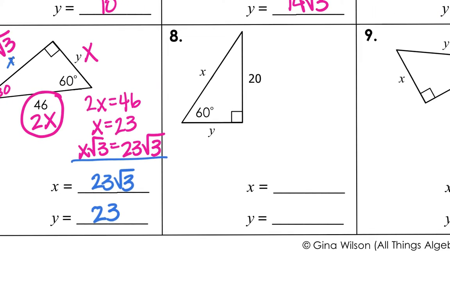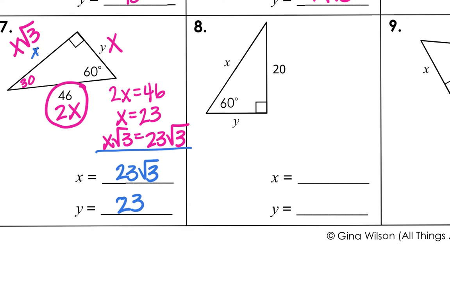Now, on number 8, I want you to turn this 20 into a 21, just so I can make it simple for explanation purposes. All right, same thing. Across from the 30 is our x, across from the 90 is our 2x, and of course the other side is x square root of 3.